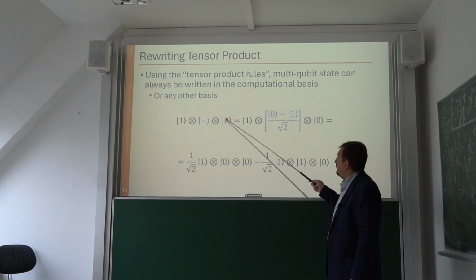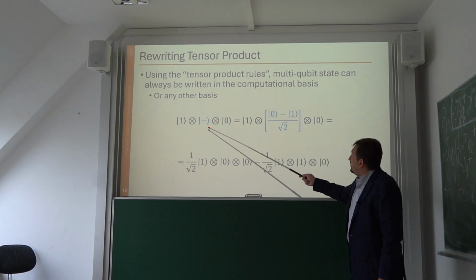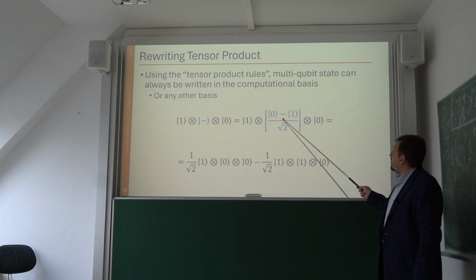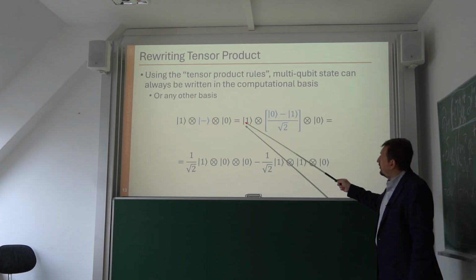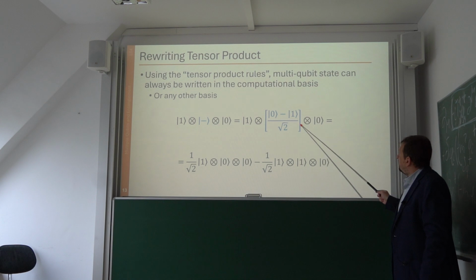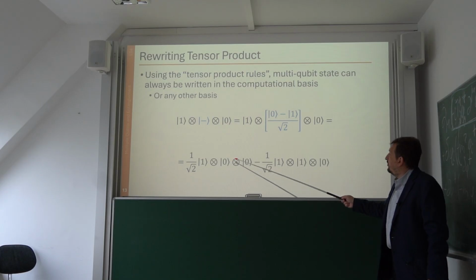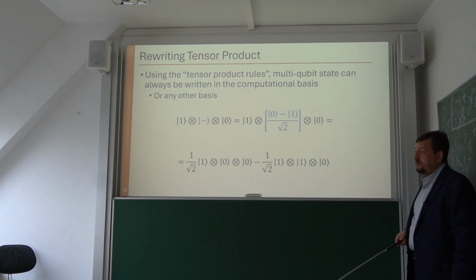For example, if I have the state 0 minus 1, so this minus state is like this: 0 minus 1 divided by square root of 2. If I want to rewrite this in the computational basis, I replace the state minus with this explicit form, and here I have this parenthesis, I can open it and I have two terms. So this is quite simple.